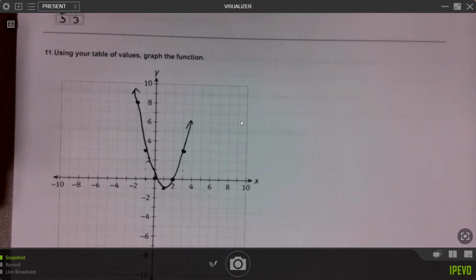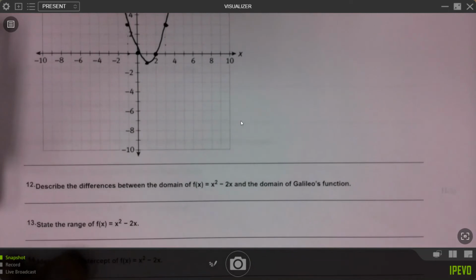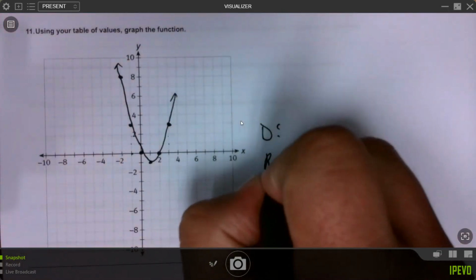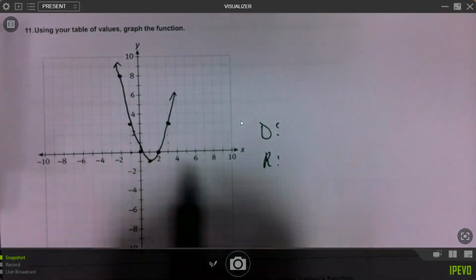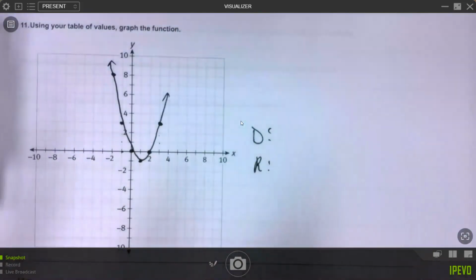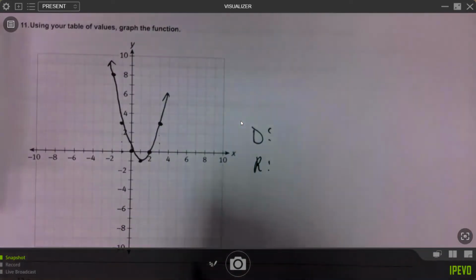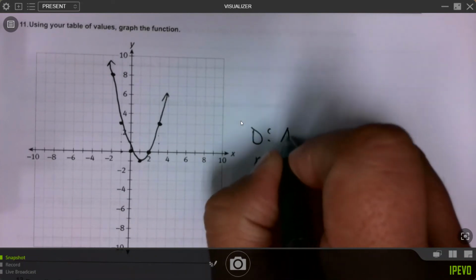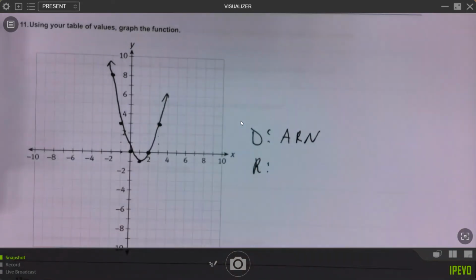Okay. Then it says, all right, describe the differences between the domain of this one, which they didn't ask for yet. So let's just do, what is the domain and range? Well, the domain here, it does not have an x value starting point. These would keep on going up forever. So this is one where our domain is all real numbers.